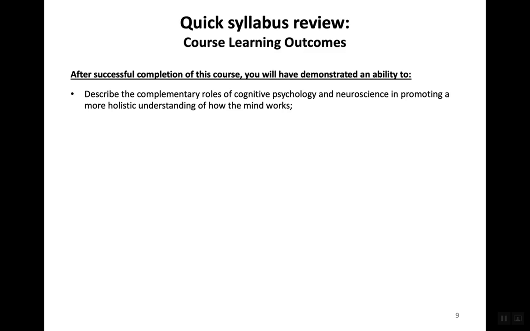And this is a topic that we already started to discuss. And the emphasis here is in trying to understand and value how a holistic understanding of the workings of the mind can be achieved through the combination of different techniques and approaches from multiple fields.